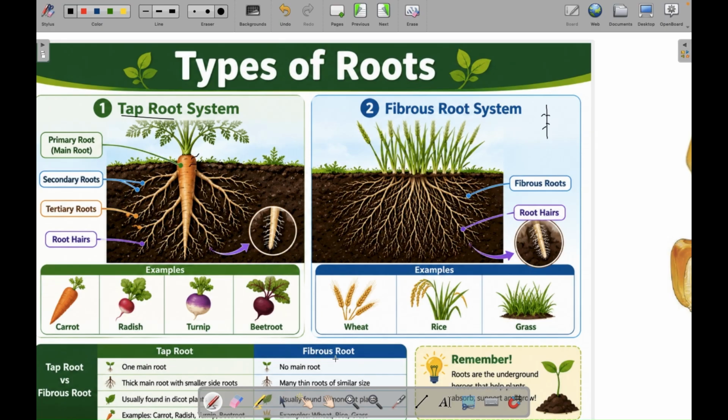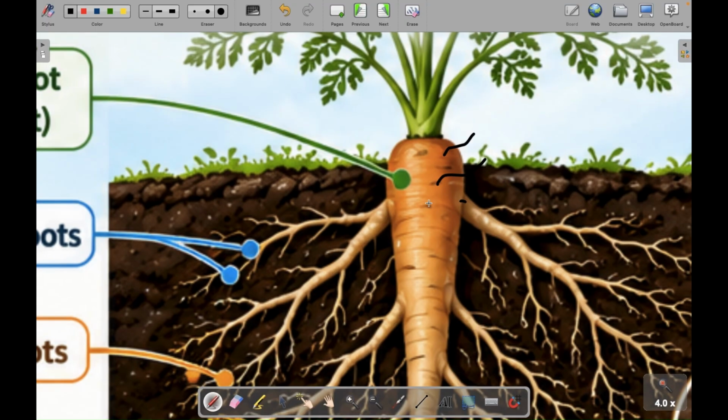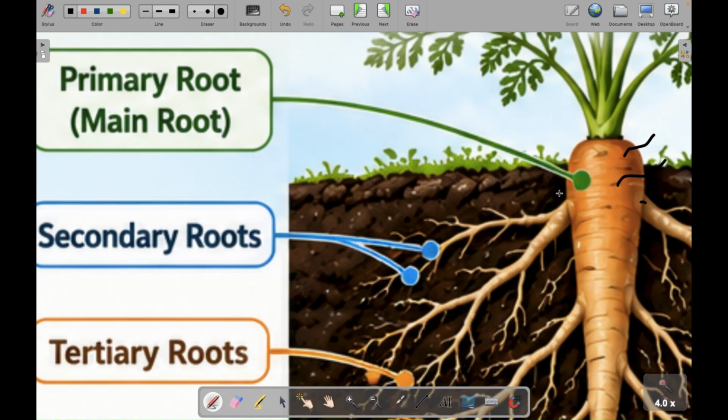Okay, so let us see how a tap root system looks. This is the main root, also known as the primary root. It is the longer root that goes very deep. Then there are slightly shorter roots coming out from the primary root, known as secondary roots.